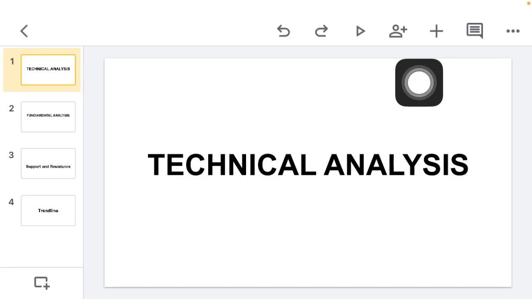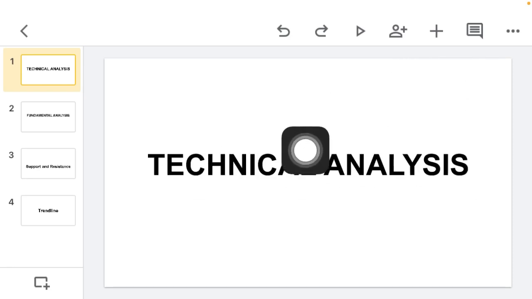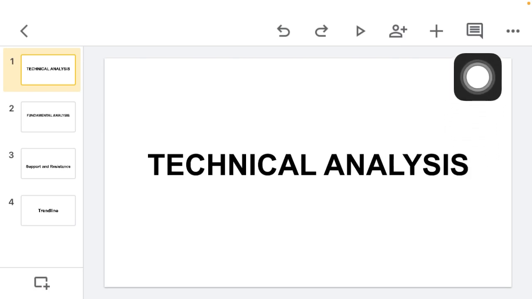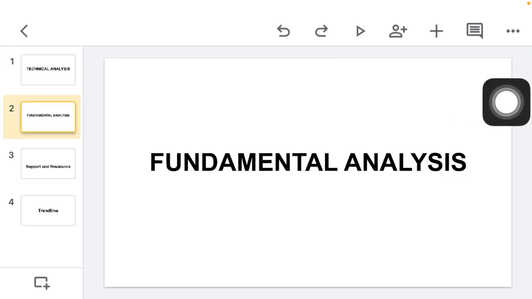So when you're carrying out technical analysis, you're making use of tools on your trading platform to analyze the market so you can follow what the market is doing and maximize the profits from the market. So that is that for technical analysis. I'm going to go into the practical aspect so that you will see everything I'm saying. Now I'll move to the next that I want to talk about.